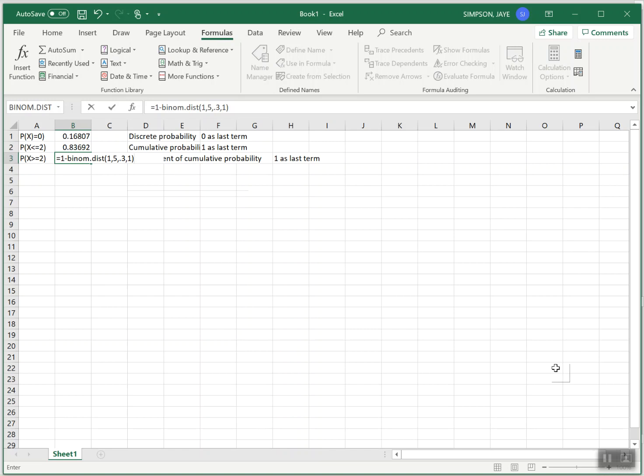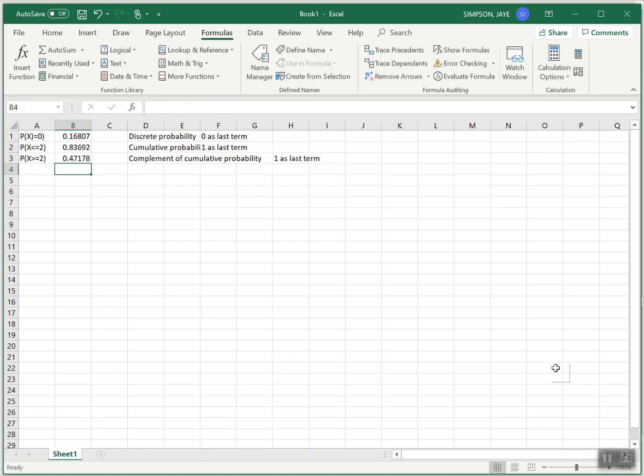So I have to say 1 minus, but it's not 2 or less, it's 1 or less. So the complement of the probability that 2 or more people have a college degree is 1 or less people having a college degree. So that's what I'm looking for here: 1 minus the probability that 1 or less people has a college degree.